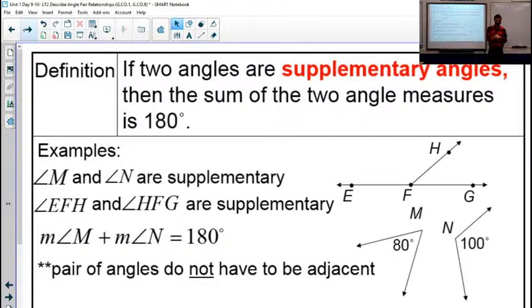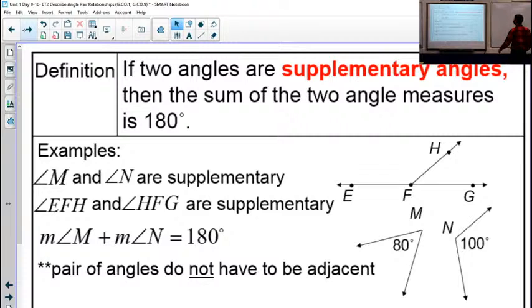Right angle. So a right angle is an angle that measures 90 degrees. So complementary doesn't just mean 90. It means that we have a pair of angles that add to 90. Supplementary means that we have a pair of angles that add to 180.